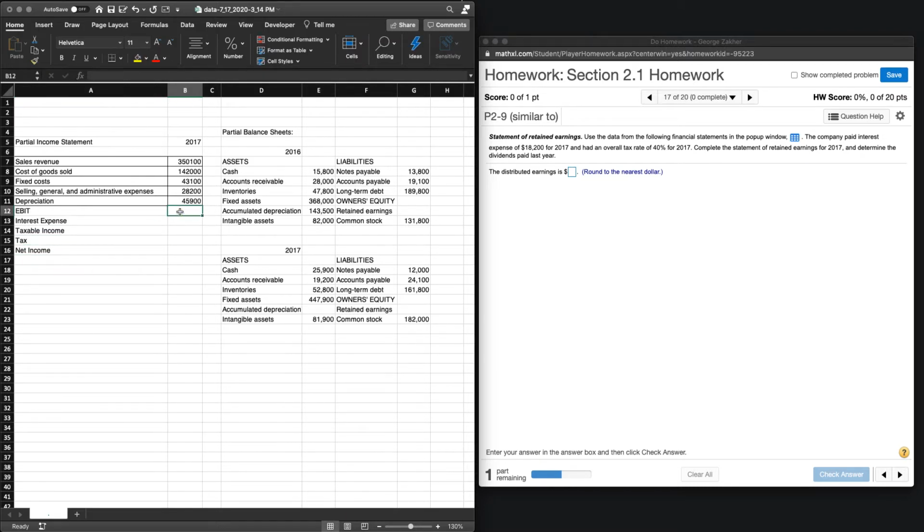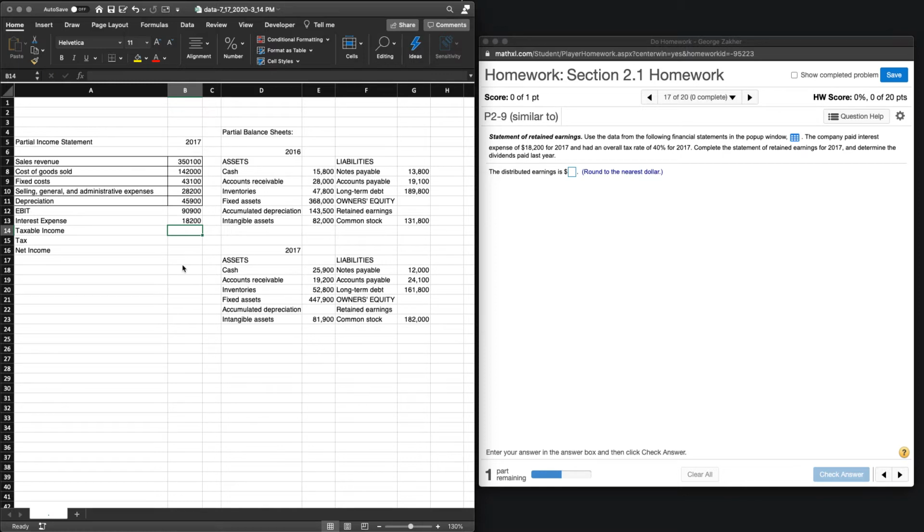Earnings before income tax is going to be our revenues minus our expenses. Our interest expense is actually provided for us. In this case, it looks like it's $18,200 for 2017.